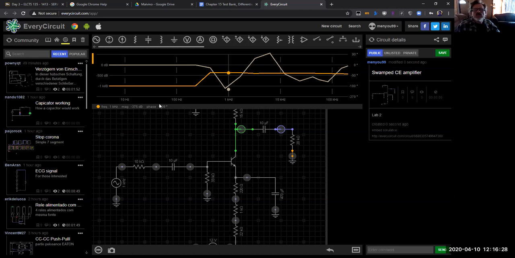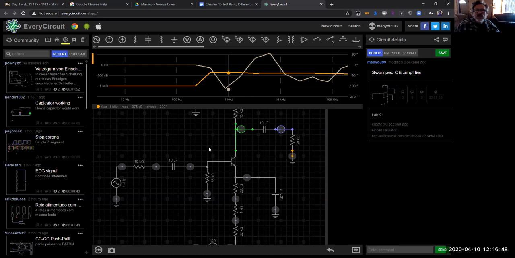In one respect you could look at it, okay, but really our only stability point is at the 1 kilohertz range. Our overall response is very much all over the place.